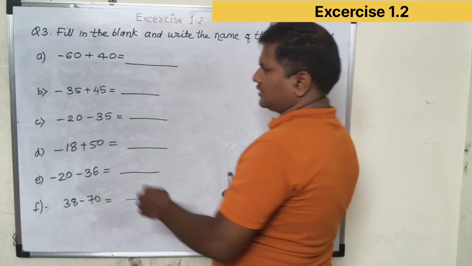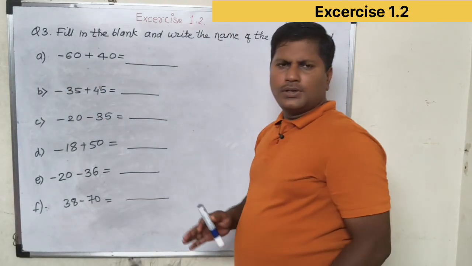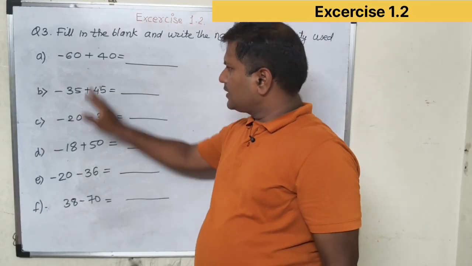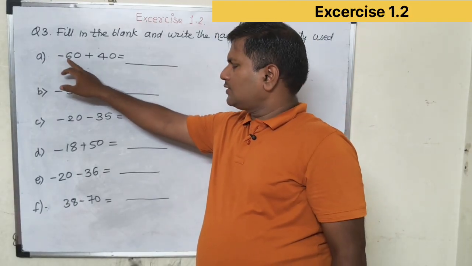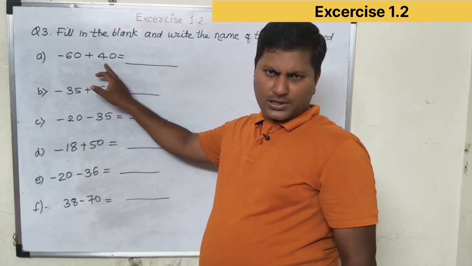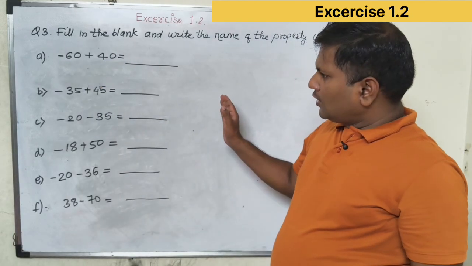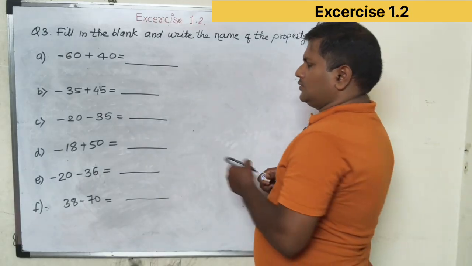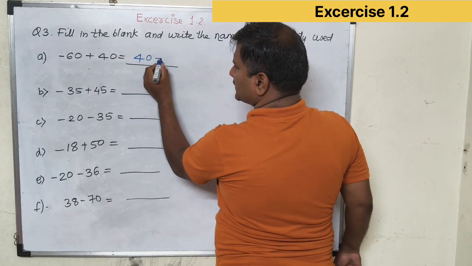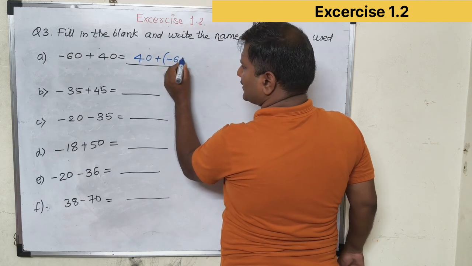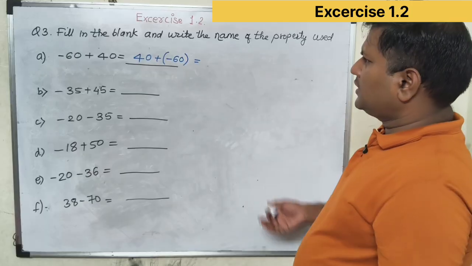First case, minus 60 plus 40. Look at the middle sign, this is a plus, meaning it is an addition. Let us say it is integer A plus integer B, so we can use the commutative property. Here we can write 40 plus in bracket minus 60, and solve it.